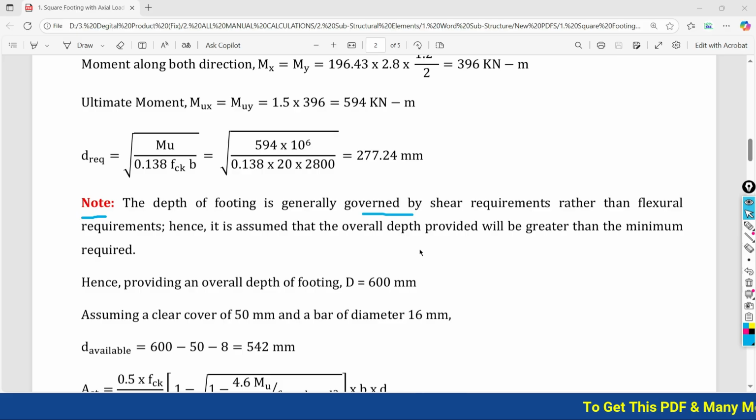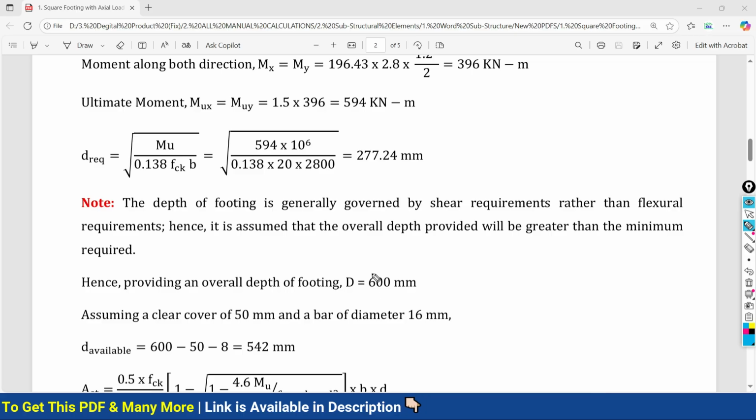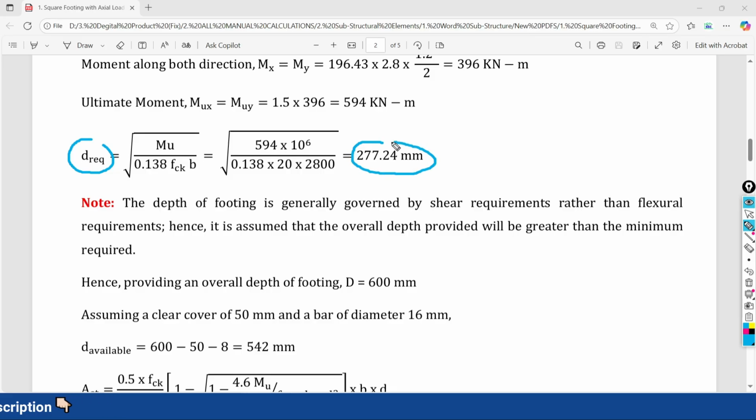Shear demands more depth in comparison to your flexural demand. That's why, keeping that in mind, we take more depth. If I proceed with this effective depth, it may be possible that this depth will fail in one way shear check, in punching shear check. That's why we should consider some increased depth.